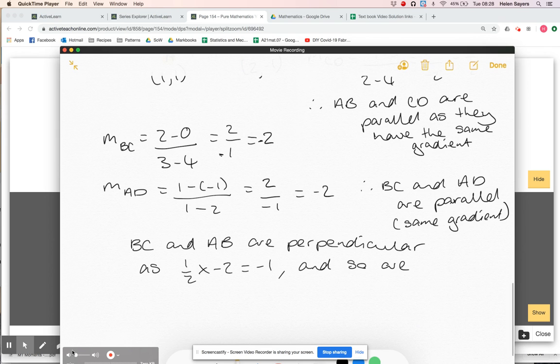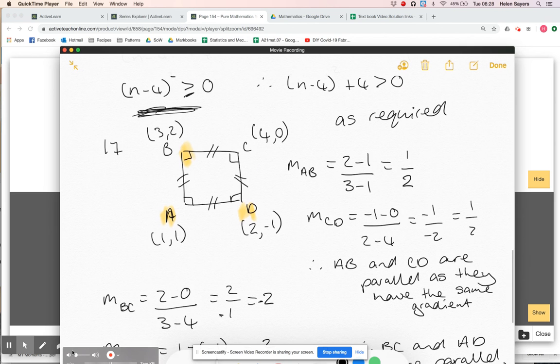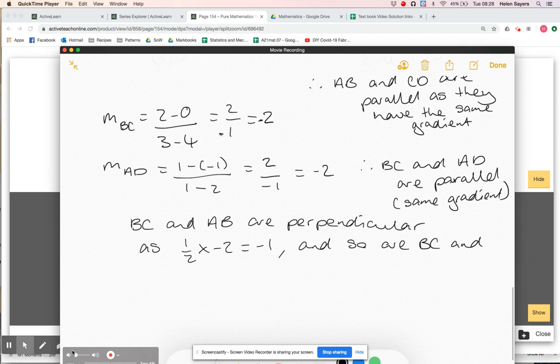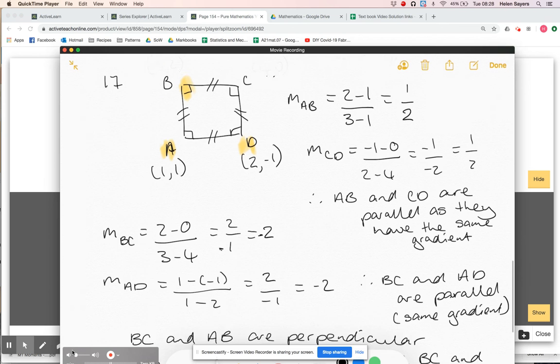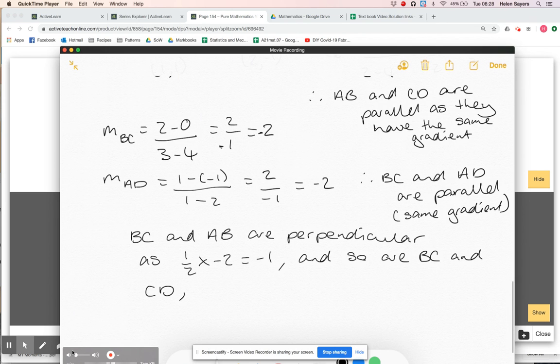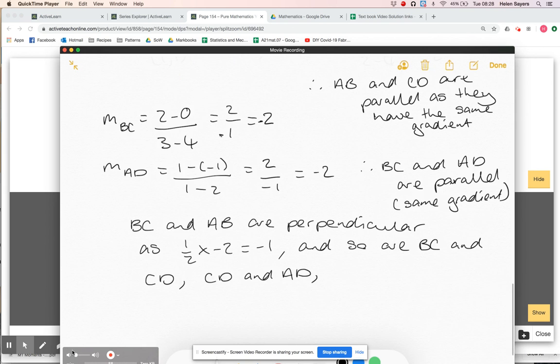Then same reason for BC and CD, CD and AD, and AD and AB. So they are all perpendicular because they've got perpendicular gradients.